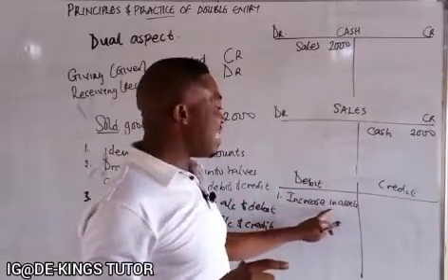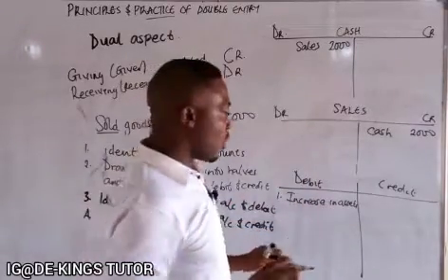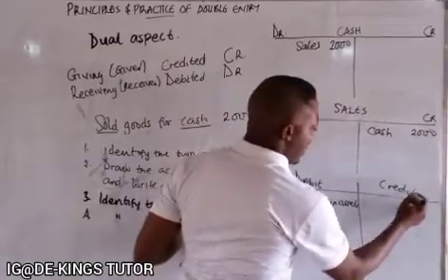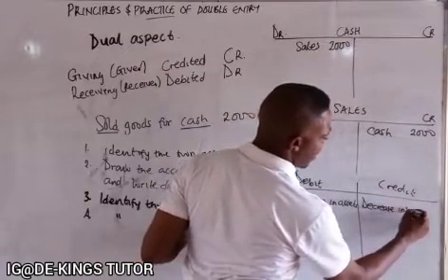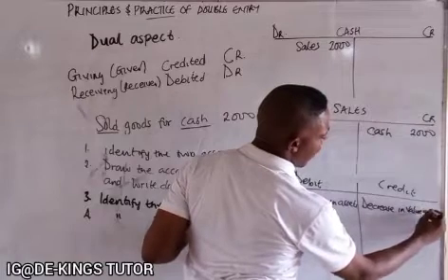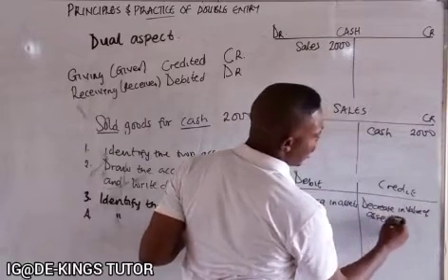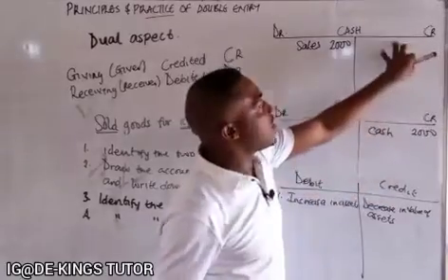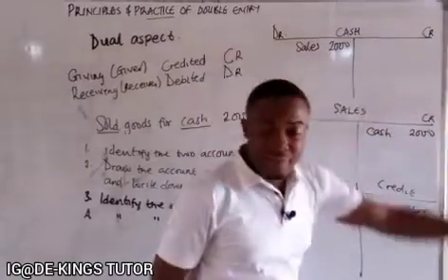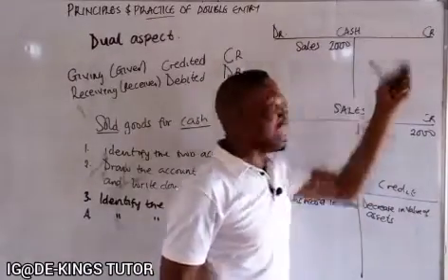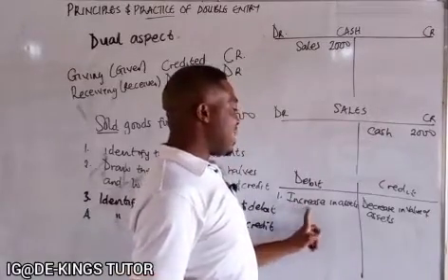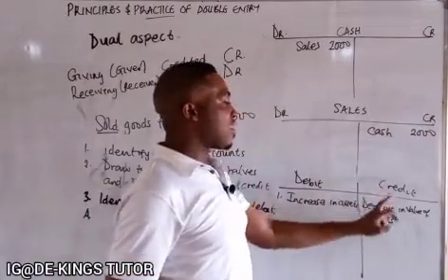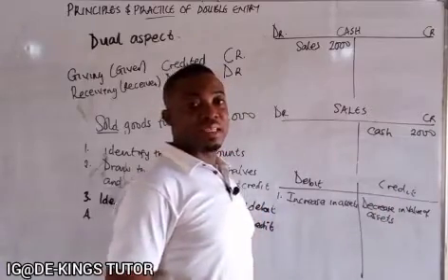While credit means a decrease in value of that same asset. So if I record it here now, it means I'm reducing the value of this asset, that is cash. So debit is the increase in the value of assets, while credit is what? Decrease in the value of assets.